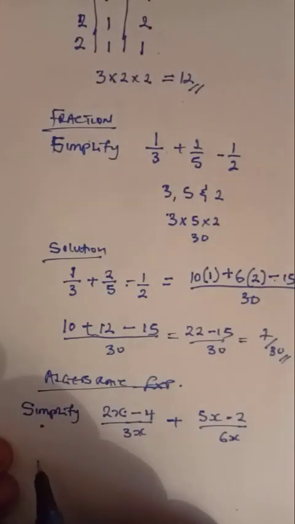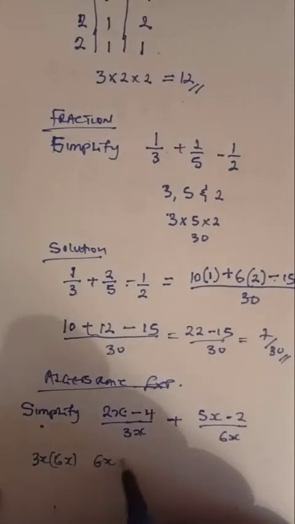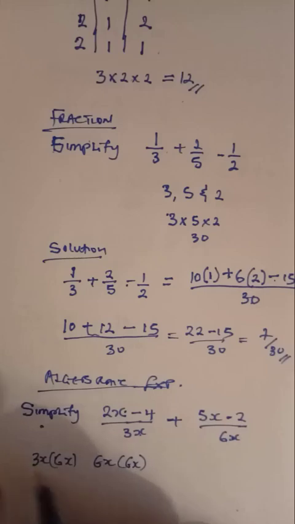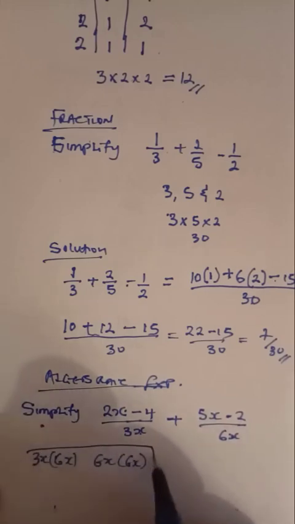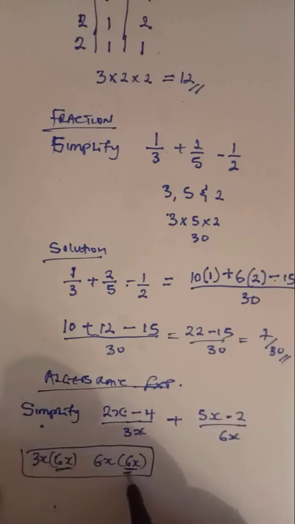It is because 3x can divide 6x, and 6x can as well divide 6x. So the LCM common between the two terms is 6x.